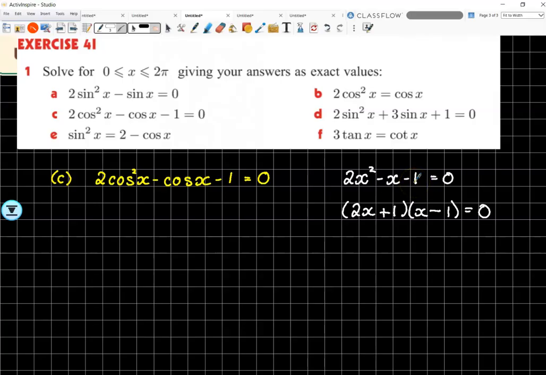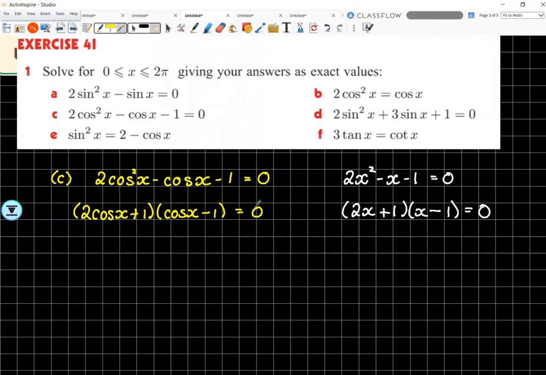Right, so we're going to apply that now to our cosine one over here, which means this would be 2 instead of x. It's going to be 2 cos x plus 1 and cos x take 1. Now the whole point of the fact that we factorise is that we've now got 2 questions in one.